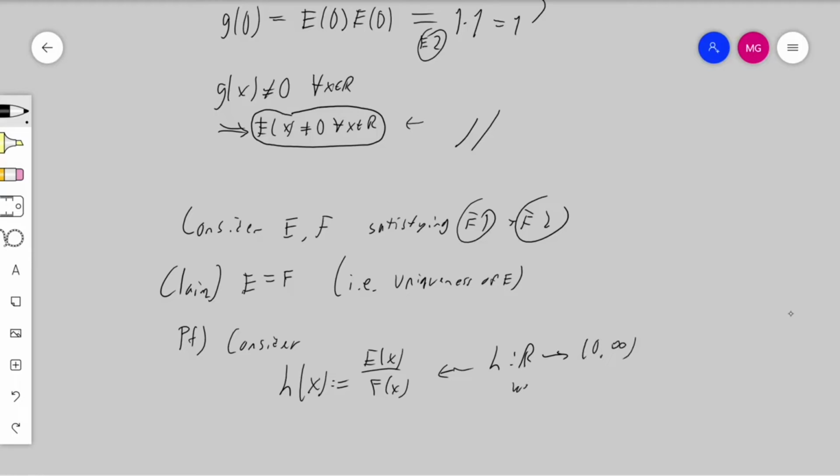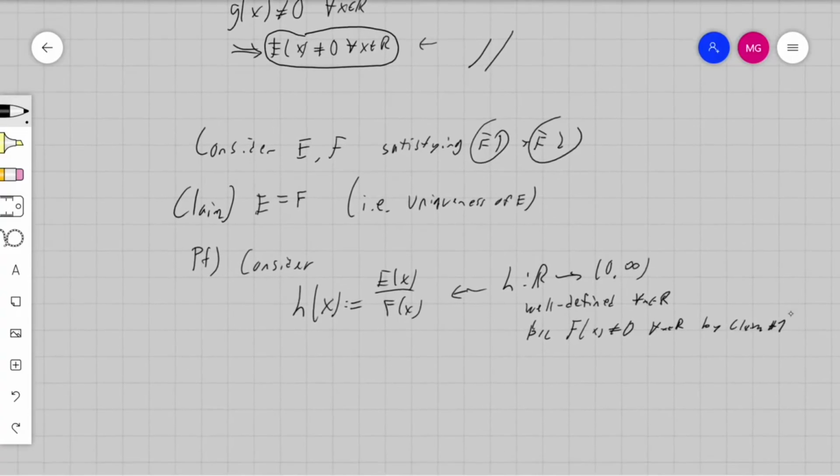And it's well defined for all x in R because the denominator is never 0, as we've already shown, because f of x is non-zero for all x in R by claim number 1. So that's why we showed that first claim, so that we could consider this ratio of e over f and have that be a well-defined function.